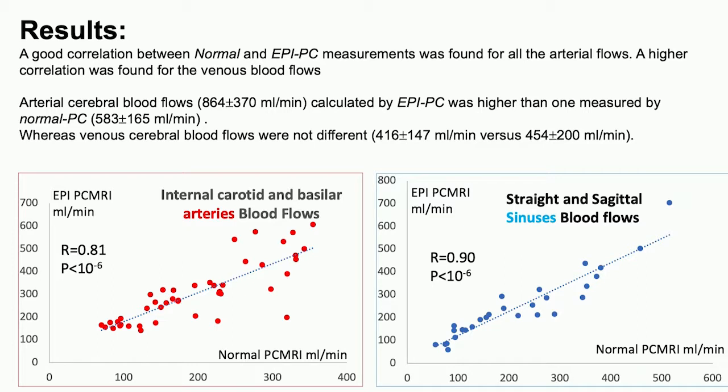But I was surprised to see that the correlation was largely better for the sinuses than for the internal and basilar arteries. Maybe we can explain that because we do not have exactly the same spatial resolution, so maybe I have to do something new again with the same spatial resolution.